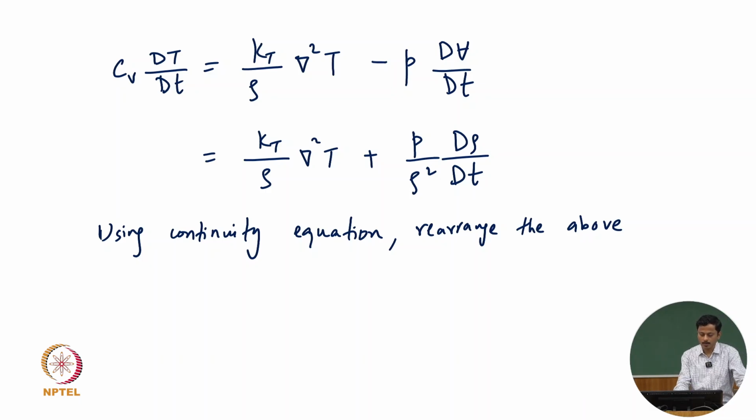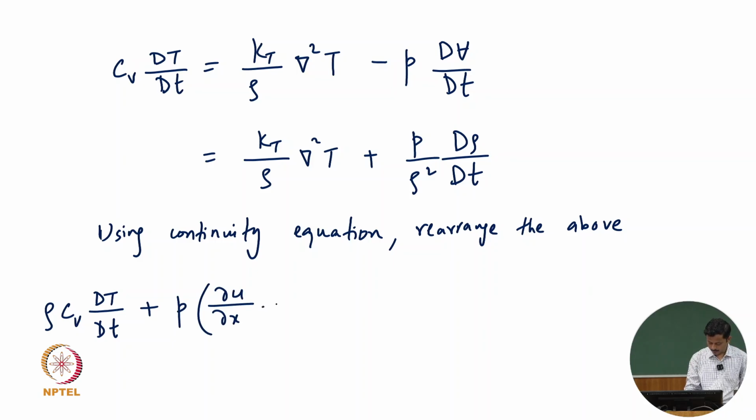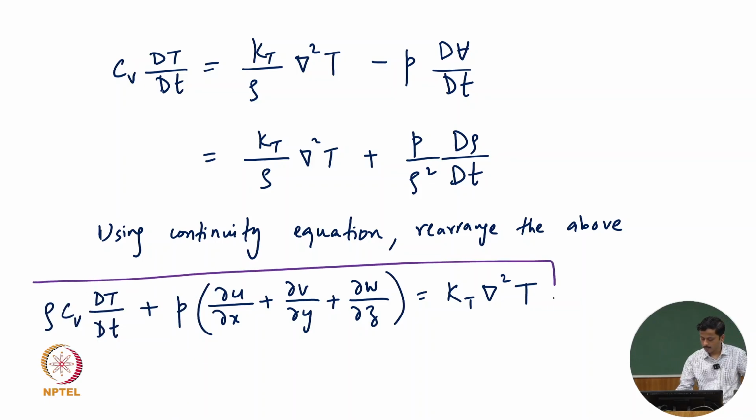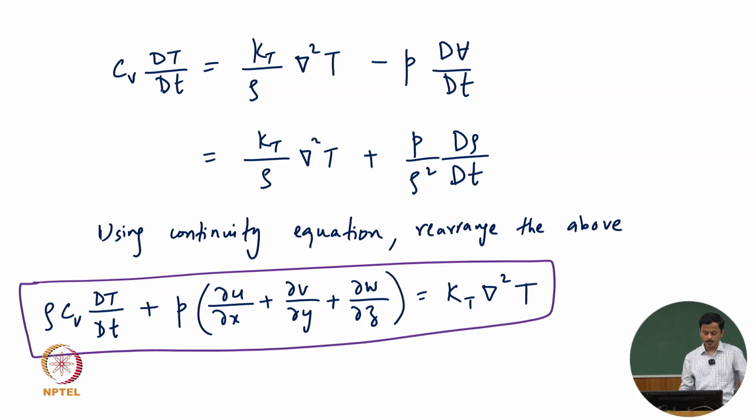We rearrange the above form of the first law of thermodynamics, and this is what we get: rho Cv times the total derivative of temperature plus P times del U del X plus del V del Y plus del W del Z equals kT del square T. The reason why we have highlighted this is because this is the energy equation.